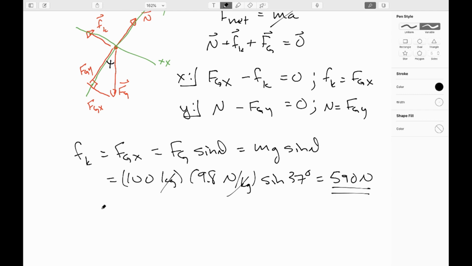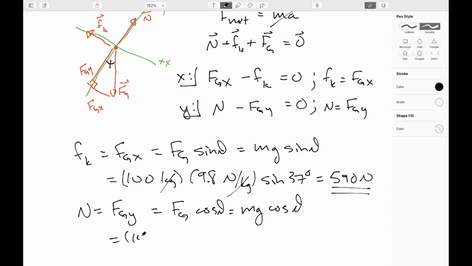All right. Looking at the y equation, we got that N was equal to Fgy. So it'll be Fg. Again, here this is the adjacent, so it'll be Fg cosine theta, which is equal to mg cosine theta.